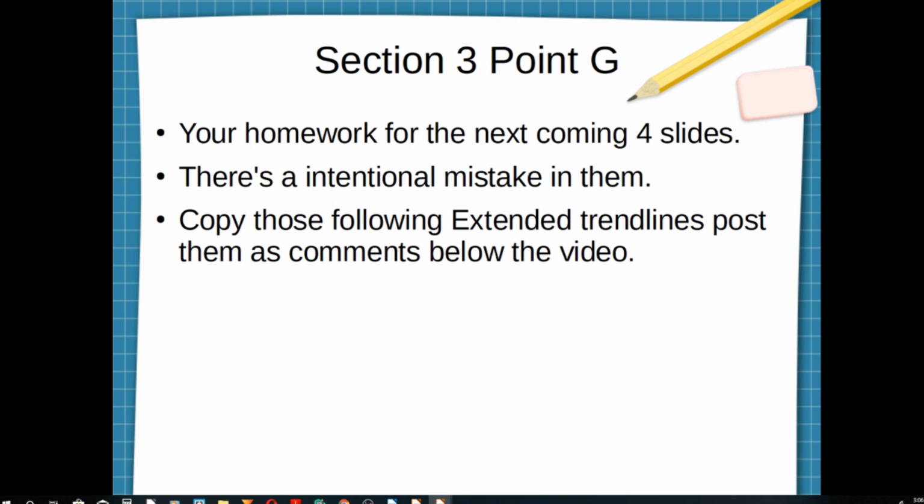Now in the next chart, we're going to talk about extended trend lines, and I am going to give you a very interesting technical analysis. If you have been exposed to cryptocurrencies around 2016, you are certainly familiar with the bull market that ended in December 2017.